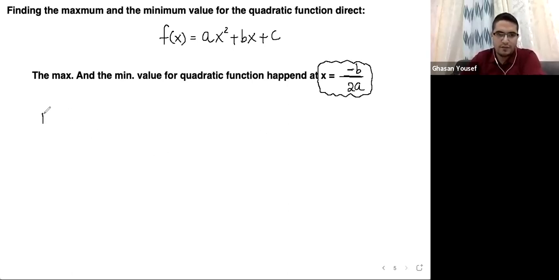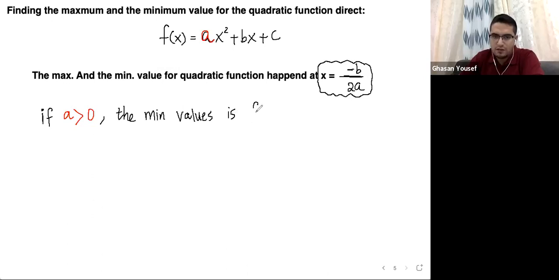So if my a is positive, this means the function has a minimum value. The minimum is f of this point, minus b over 2a.